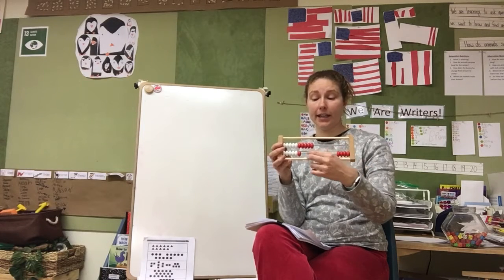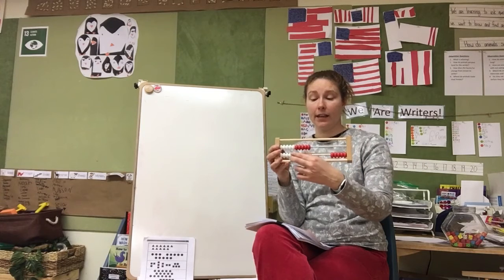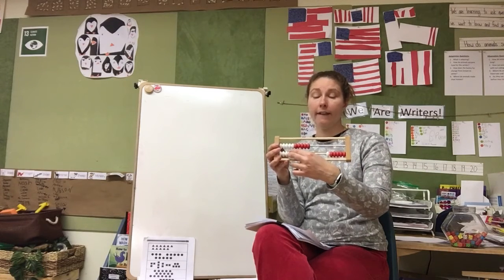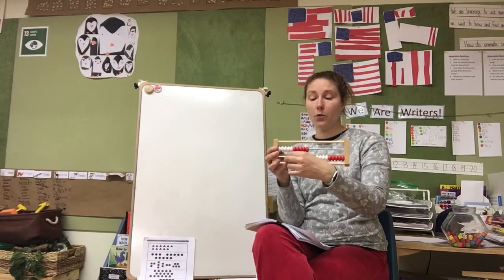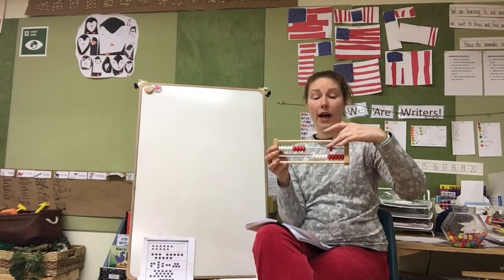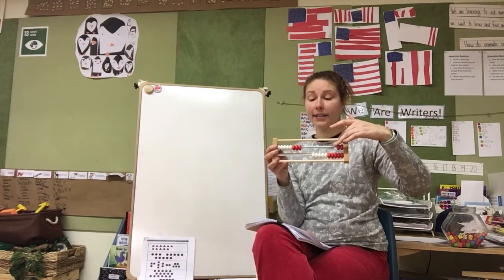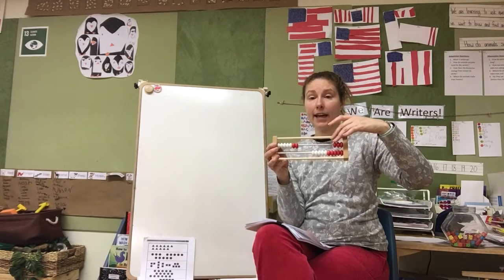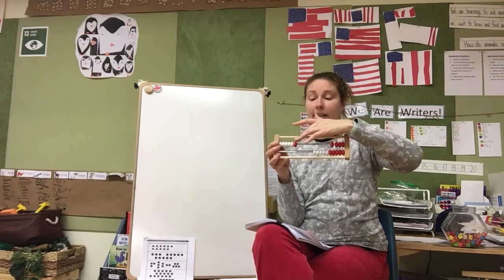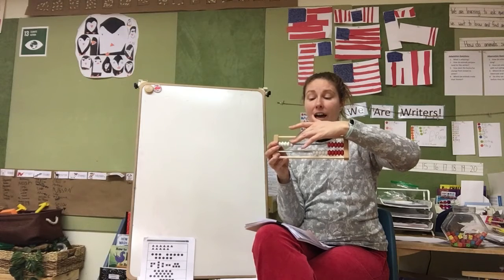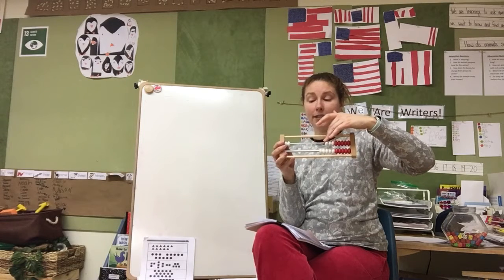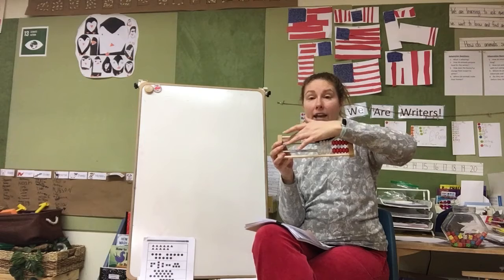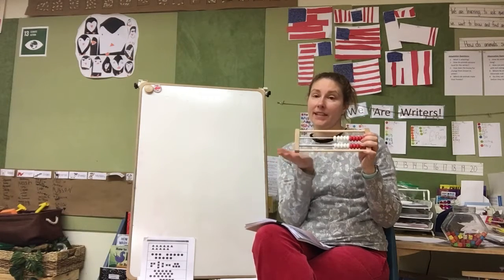17, 1 less is 16. 16, 1 less is 15. 15, 1 less is 14. 14, 1 less is 13. 13, 1 less is 12. 12, 1 less is 11. 11, 1 less is 10. 10, 1 less is 9. 9, 1 less is 8. 8, 1 less is 7. 7, 1 less is 6. 6, 1 less is 5. 5, 1 less is 4. 4, 1 less is 3. 3, 1 less is 2. 2, 1 less is 1. 1, 1 less is 0.